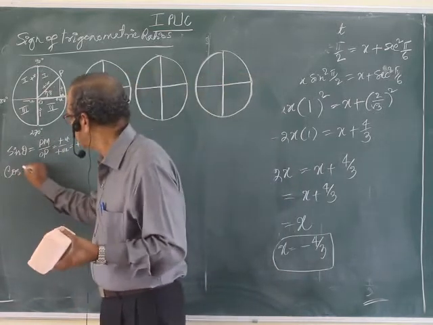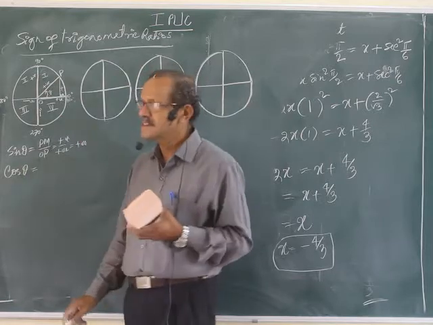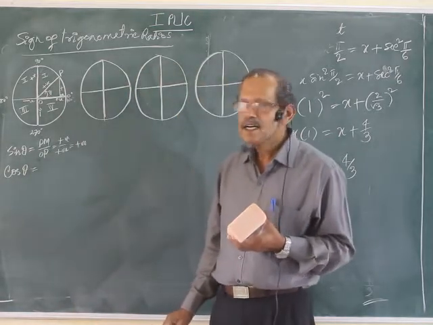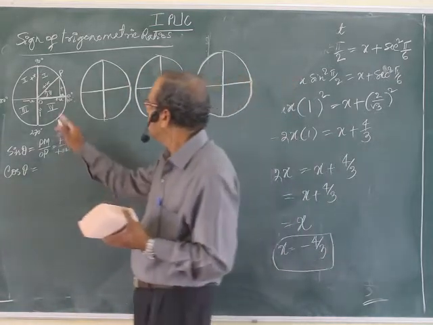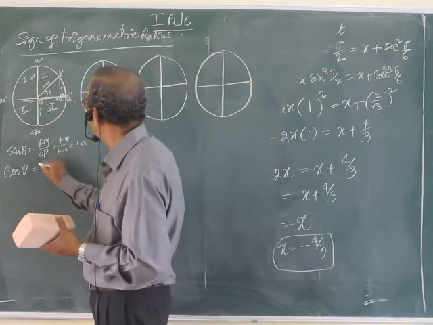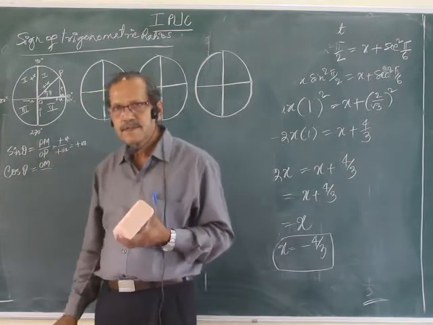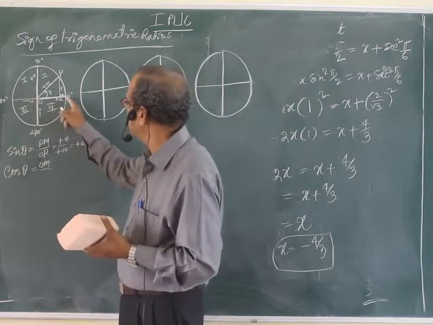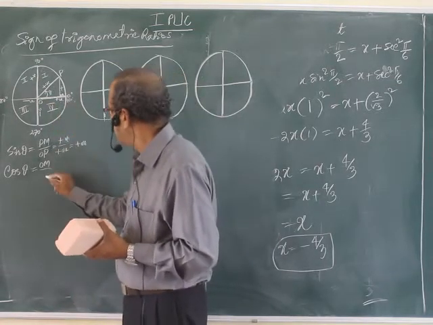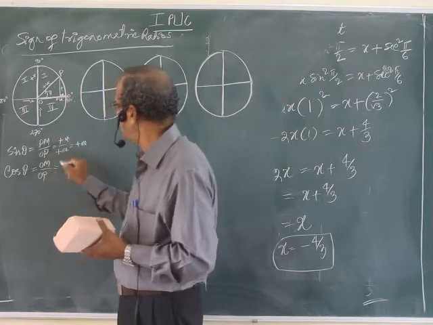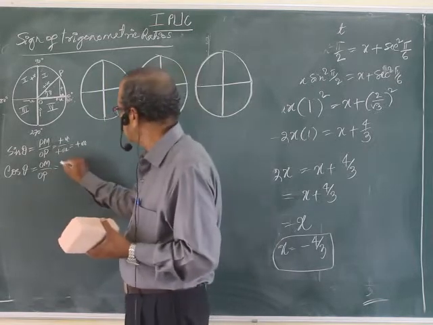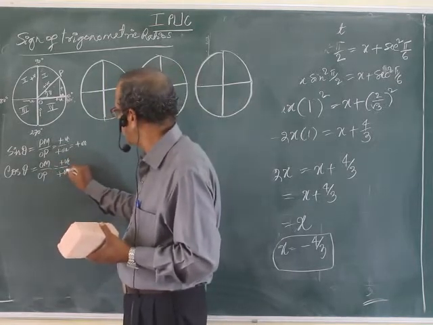Cos theta, adjacent side OM divided by hypotenuse OP, positive divided by positive again.